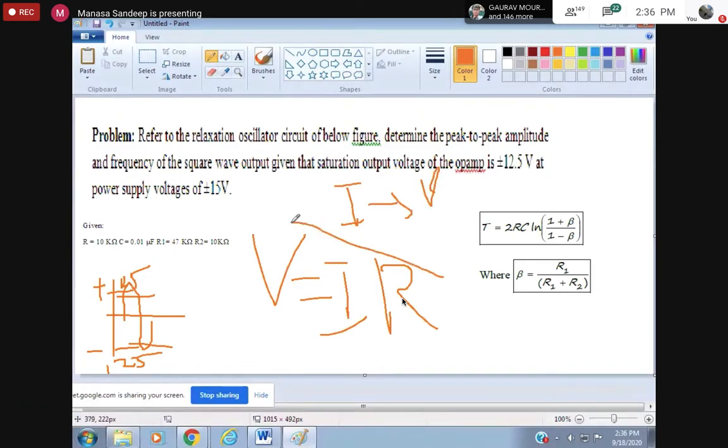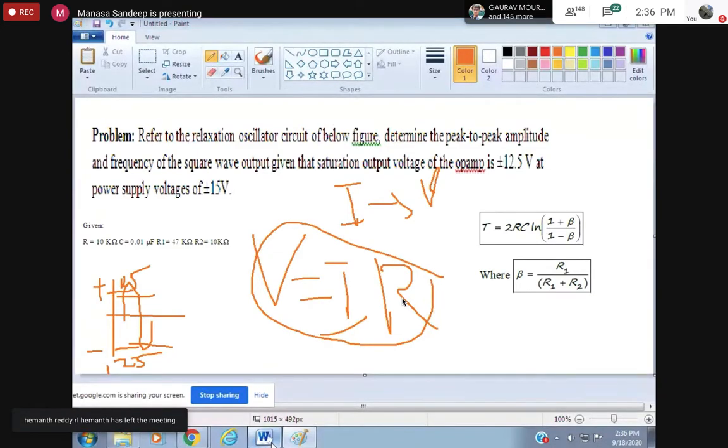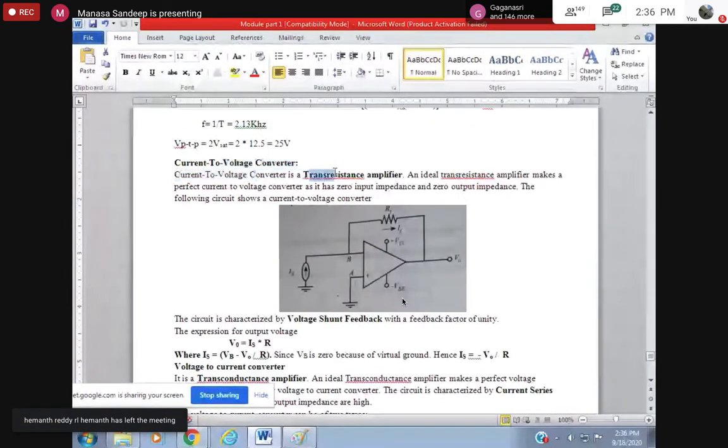So this converter is called a trans resistance converter, a trans resistance amplifier. An ideal trans resistance amplifier makes a perfect current to voltage converter having zero input impedance and zero output impedance.